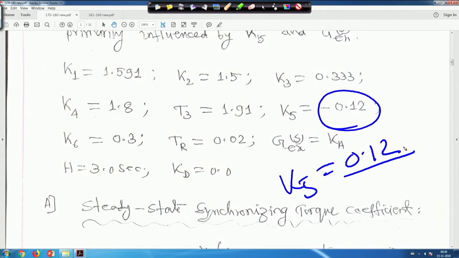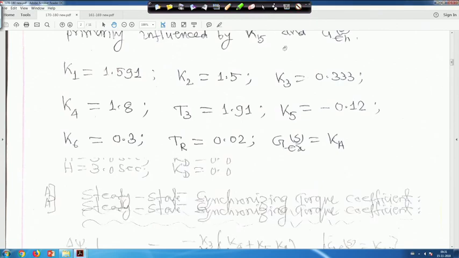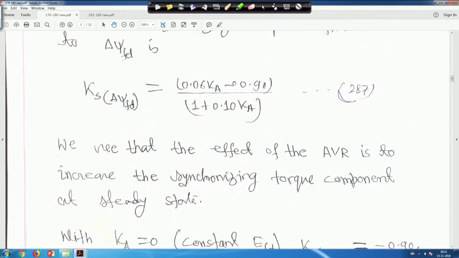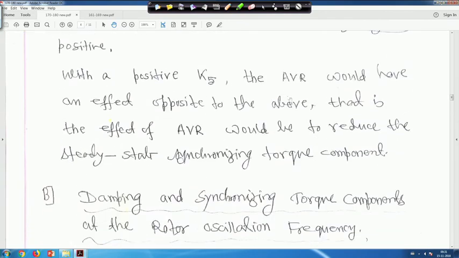Just have a look, you will do this calculation as an exercise. So, the AVR would have an effect, that is, the effect of AVR would reduce the steady state synchronizing torque component.